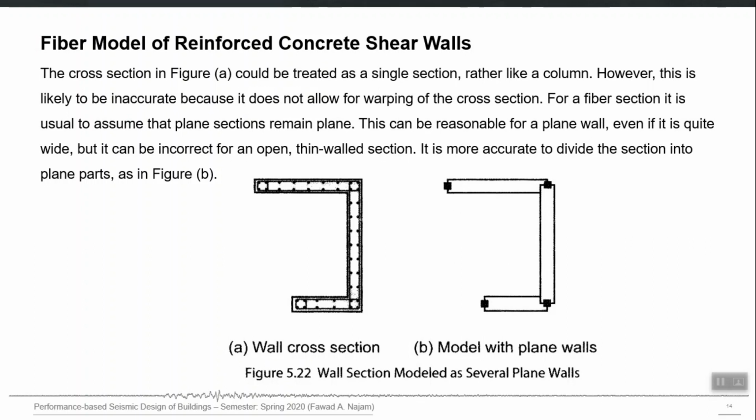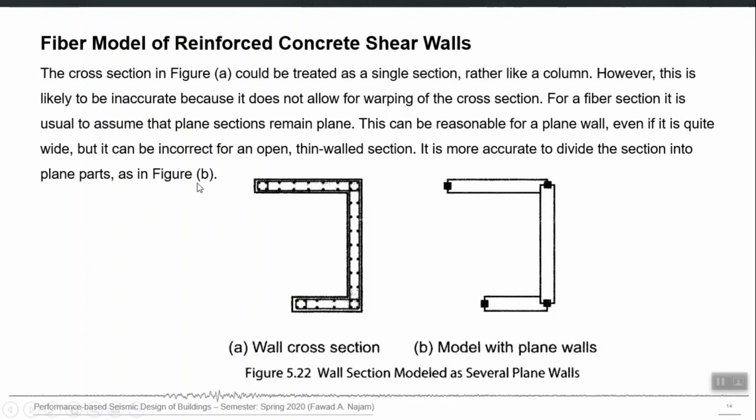For a moment rotation curve for beams, a moment hinge, you require only the top steel and bottom steel areas, and using that you can calculate the moment capacity. But for a fiber section, you need the exact location of each rebar so that you can represent it using a steel fiber, right?